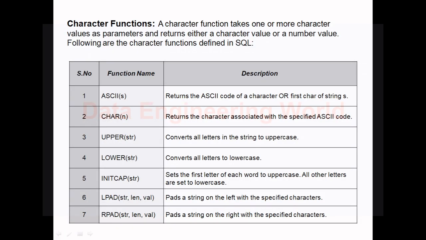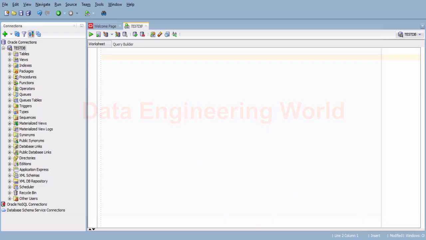The next function we have is char. This char function takes an ASCII code as an input and returns the corresponding character as the output. Now let's pass the ASCII code 65 in the char function and see what output we get.